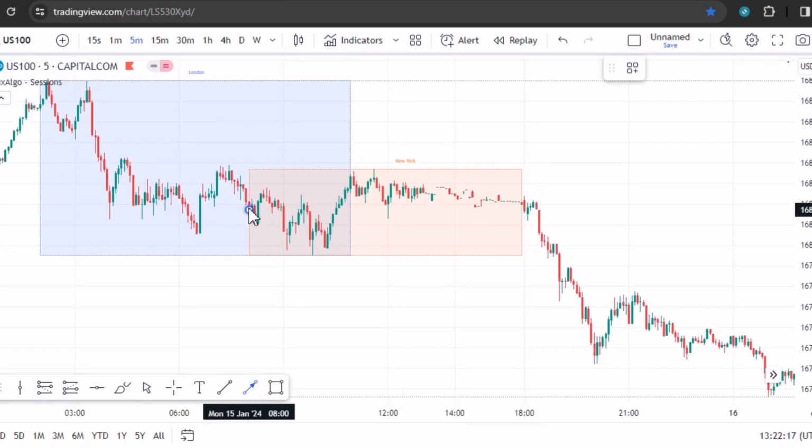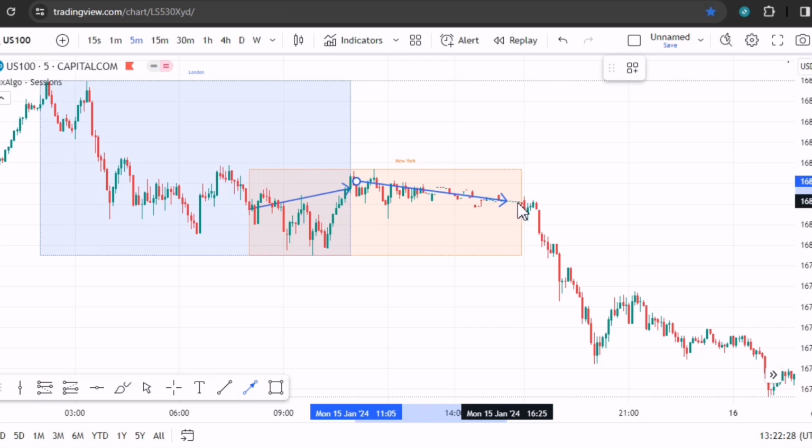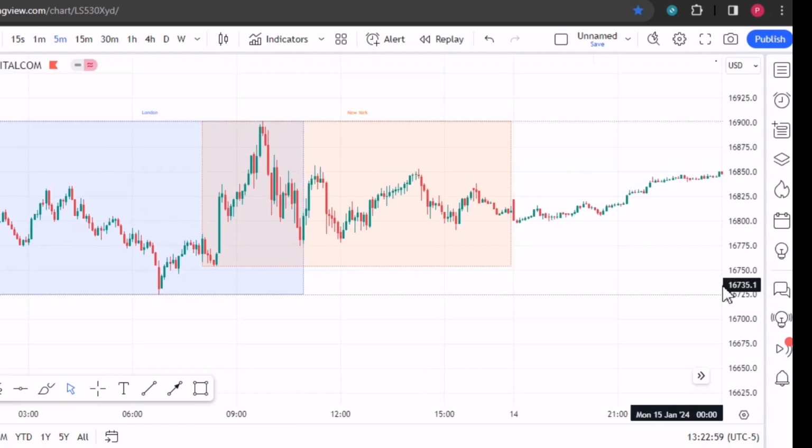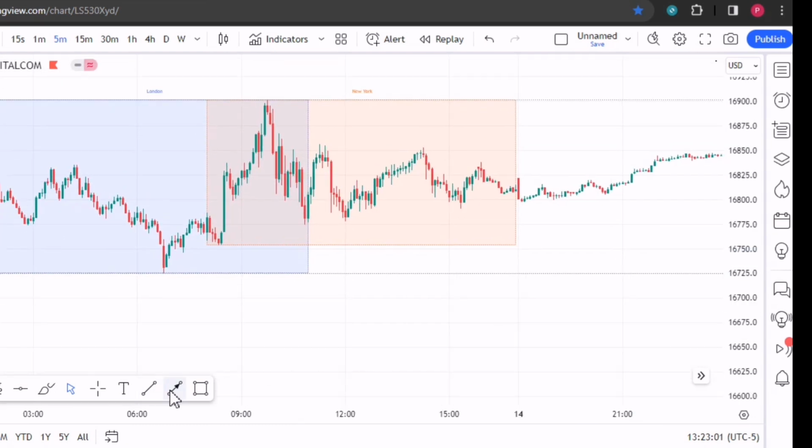We take the first candle and the last candle of London. It's an upward move, so you are going to sell this. Even though it didn't sell right away, it did drop afterwards. Let's just continue.